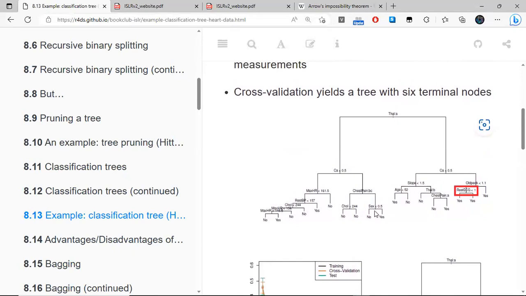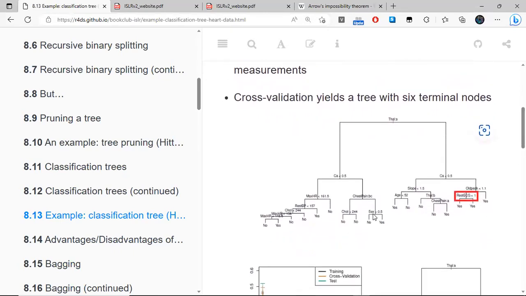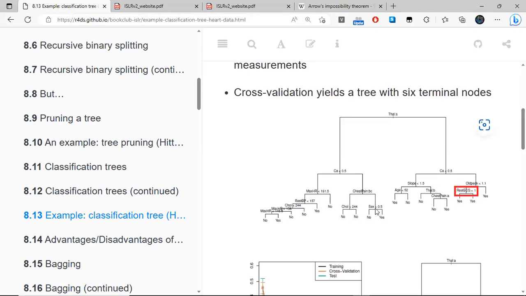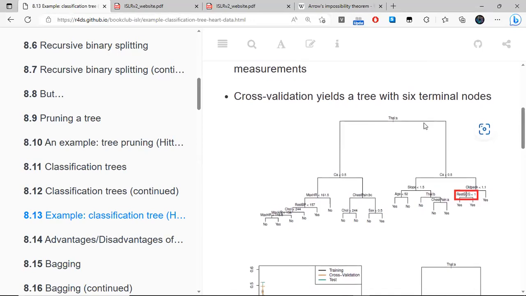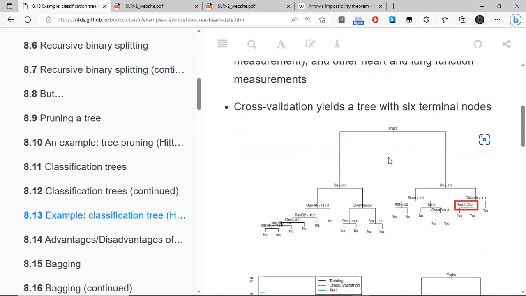Over here, there is a region that says sex smaller than 0.5. It's really just considering a split between sex female in one subregion, or sex male in the other region. That's quite simple if the categorical variable only has two possible classes.